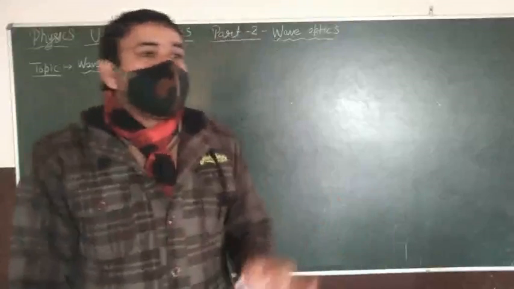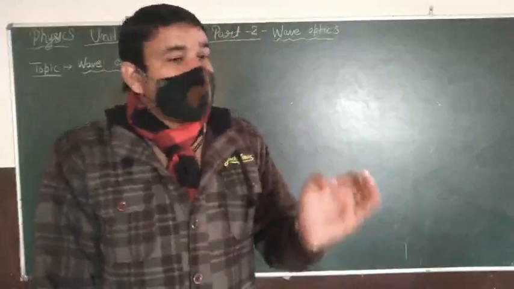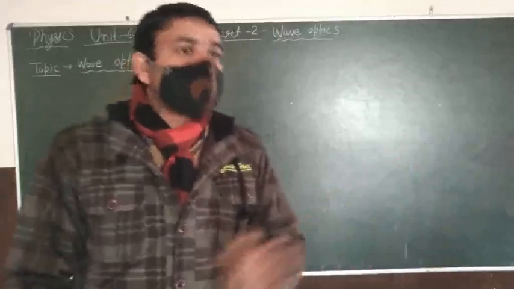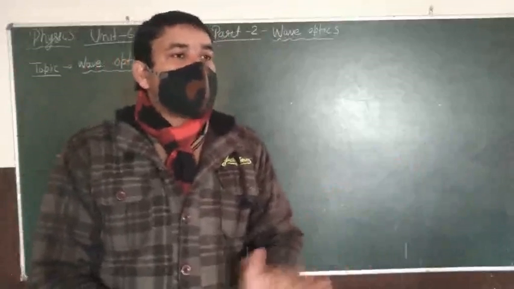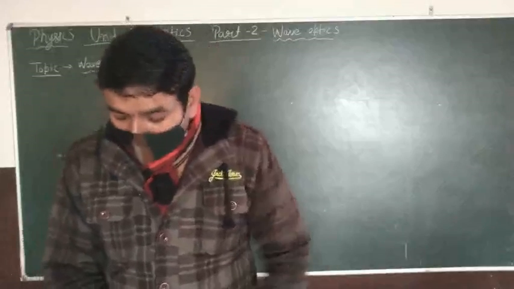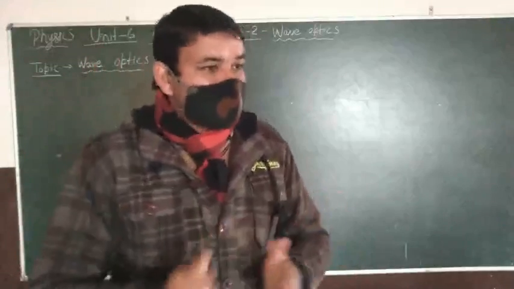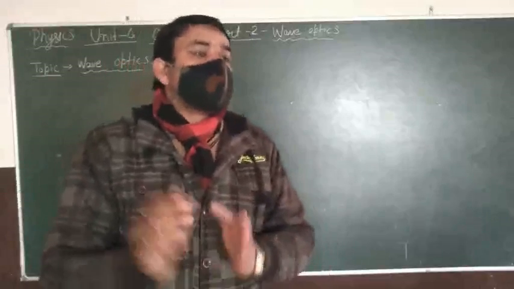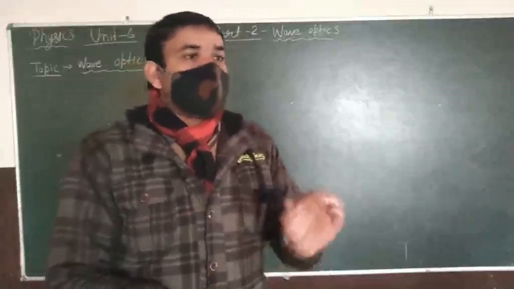Those particles are massless, and they are able to move with a very fast speed, which is equal to 3 into 10 to the power 8 meters per second. Because those particles are massless, there is no effect of gravity on those corpuscles, or small particles, assumed by Newton.